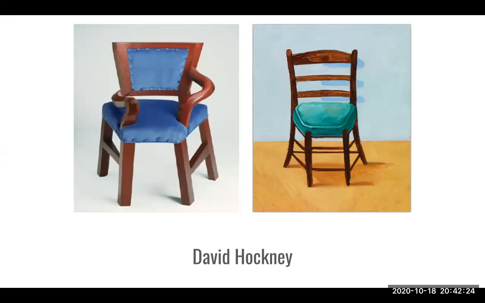He'll paint these chairs, but he won't just paint them from one point of view. He'll get up and walk around them a whole bunch of times in order to see how he can disorient the perspective a little bit, the linear perspective, to create more life or more character in his chairs.